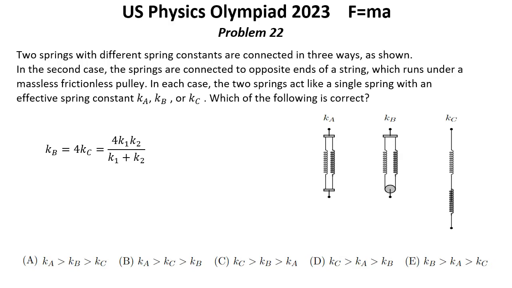So it means that we have Kb greater than Kc, but Ka greater than Kb, because arithmetic mean is greater than geometric mean. Correct answer is A. That was the solution for problem number 22.